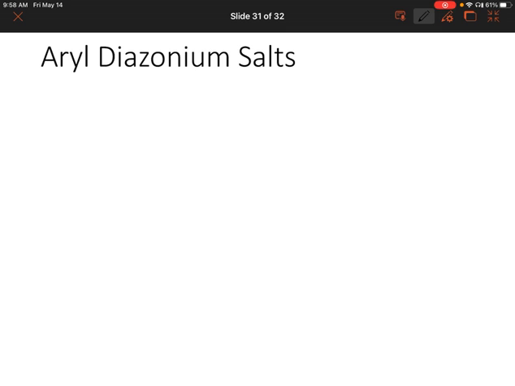So an aryl diazonium salt has some sort of aromatic group attached to our N2 there. And we could do a lot of chemistry here. But first, before we talk about the type of chemistry we could do here, let's think about how we would form that diazonium salt.